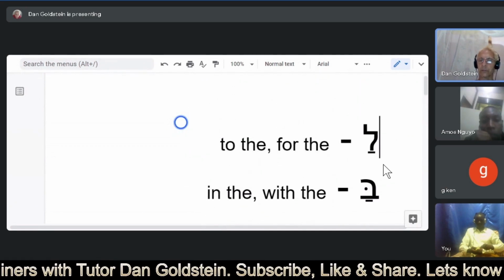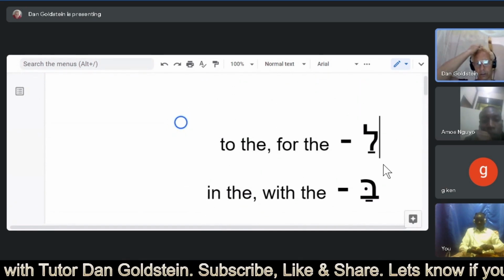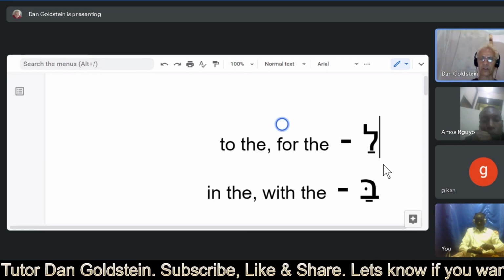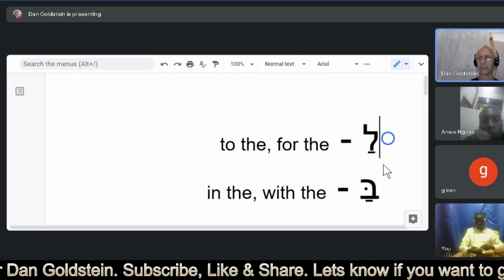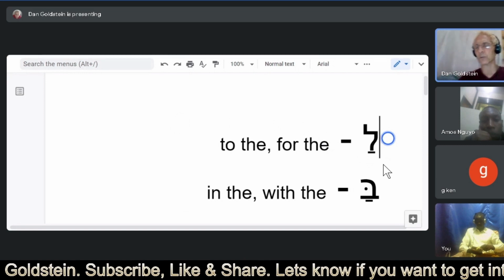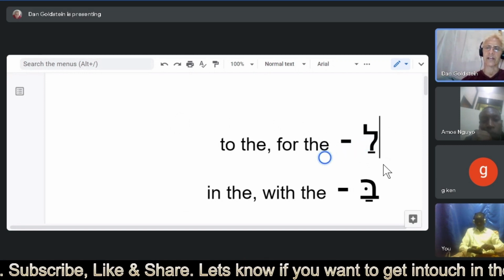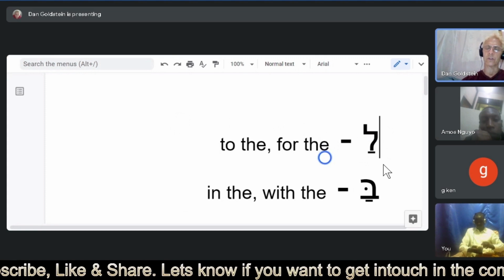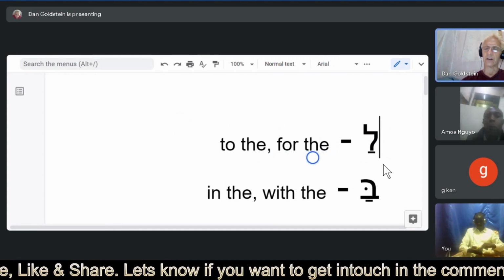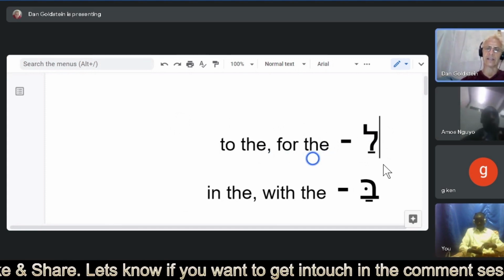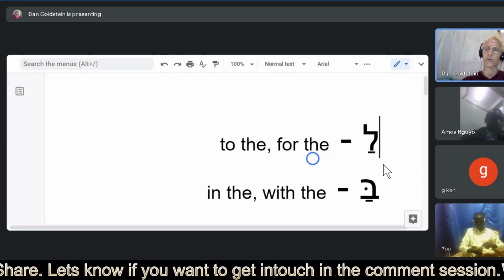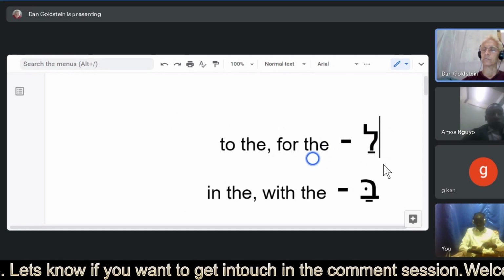We have what are called prepositions. In Hebrew, there are certain letters which function as prepositions. If we fix them to the beginning of words, we can express to the, like if we're in a house as opposed to the house, or we buy maziwa for the child, for the mtoto.